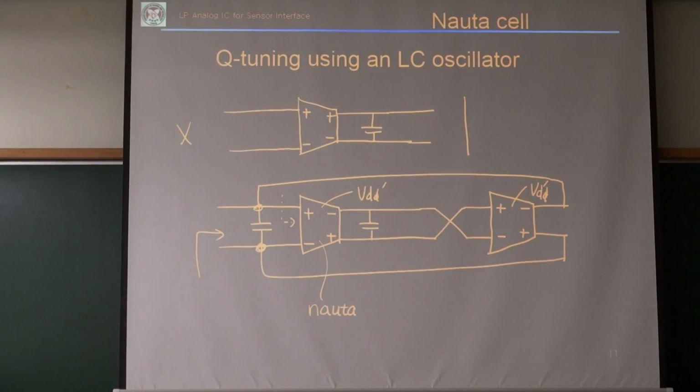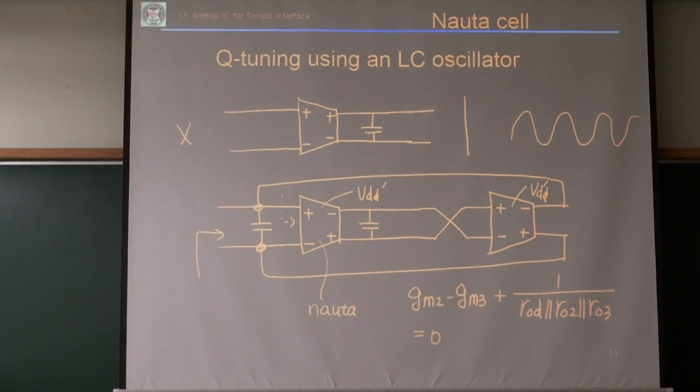So if my output resistance, GM2, GM3, and all those resistances, if this conductance becomes 0, then the output will have some oscillation, right? The frequency is dependent on GM over C. Actually, the frequency is one over square root LC. The oscillation frequency is like that.